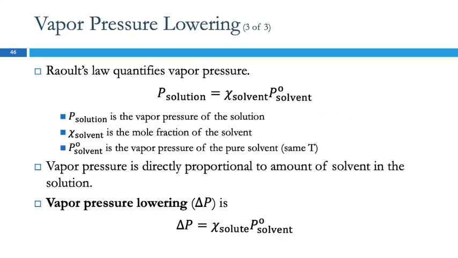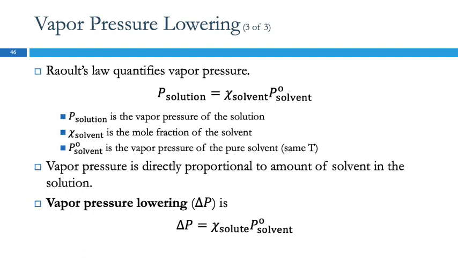Of course, anything cool, we have to have an equation and make math and ruin it, right? So this can be quantified, and this is called Raoult's law. The partial pressure of a solution is equal to the mole fraction of the solvent times the vapor pressure of the pure solvent. So you asked earlier, would we ever be interested in the mass percent of the solvent?